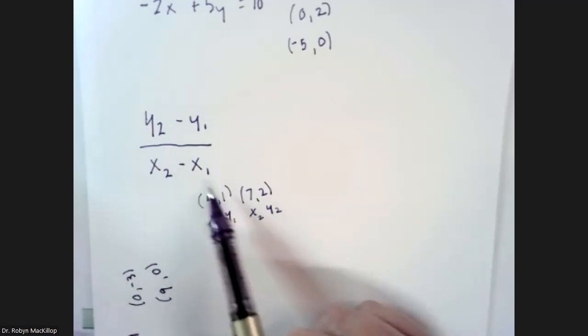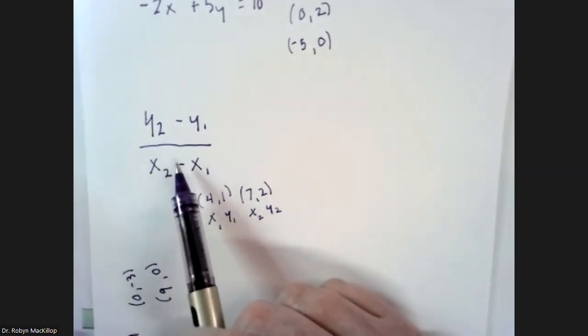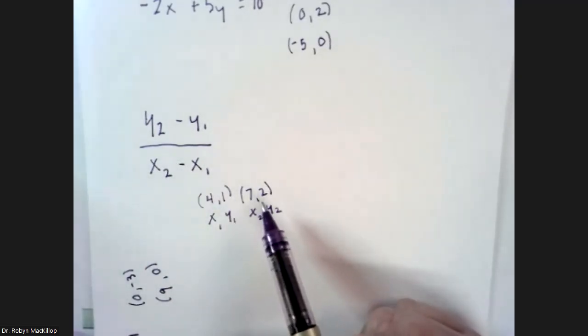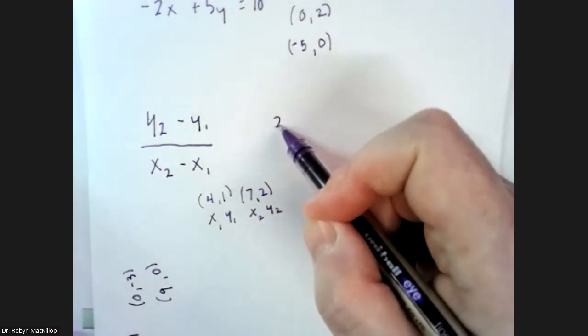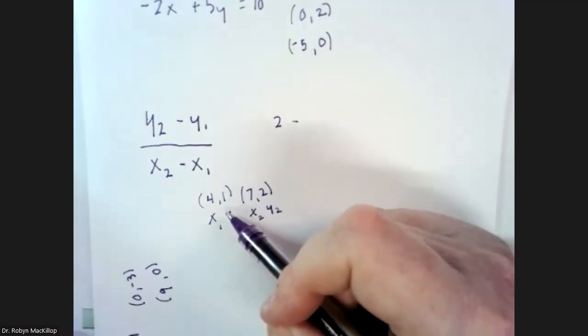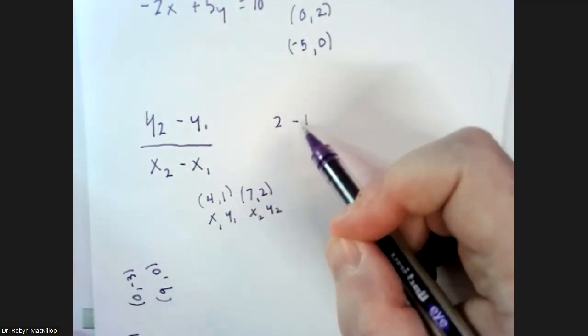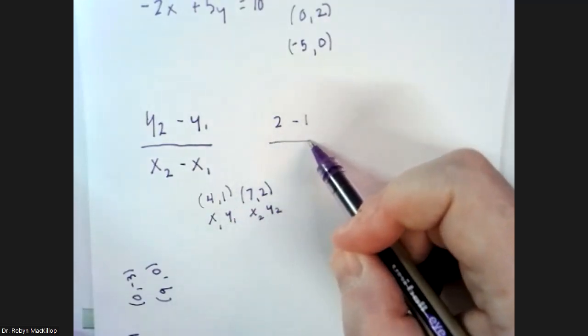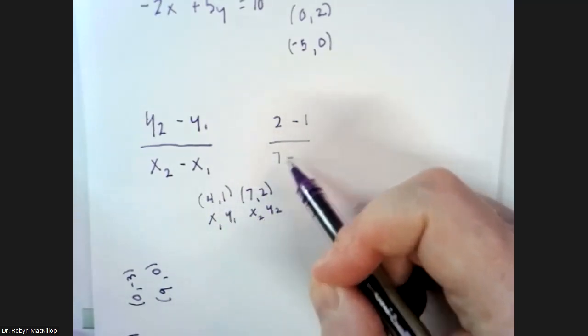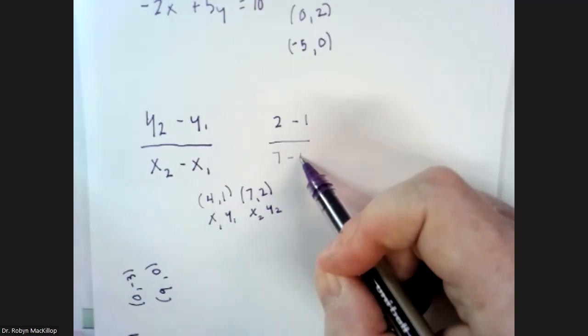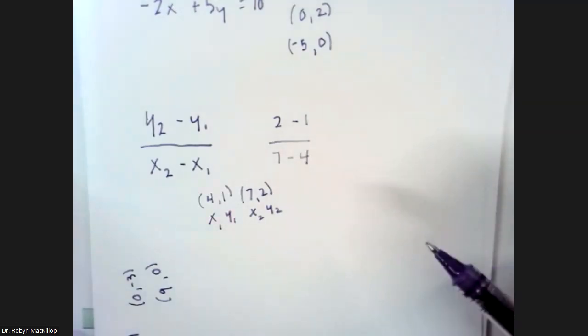We're just going to plug these into this formula. So y2 is 2 minus y1 is 1 over x2 is 7 minus x1 is 4. You see that? Not bad.